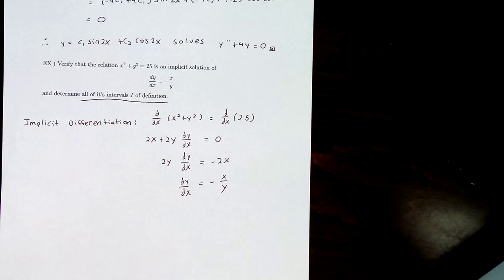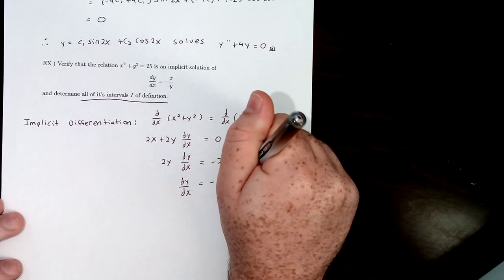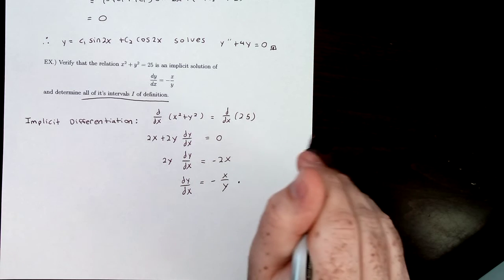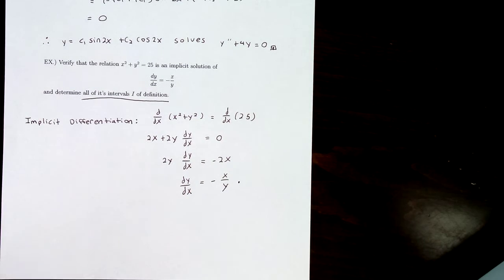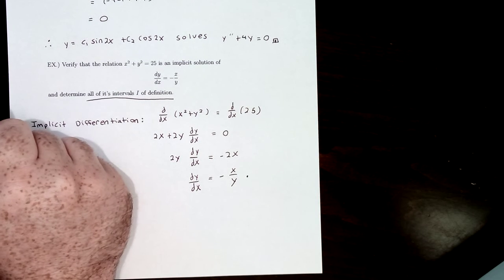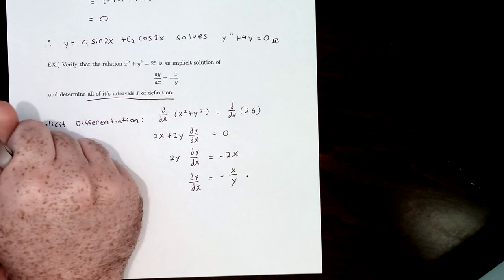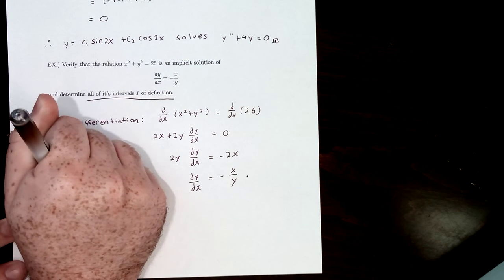So now what we want to do is determine all of its intervals of definition. So when is this differential equation valid and when is the solution valid? So observe that x squared plus y squared is equal to 25.